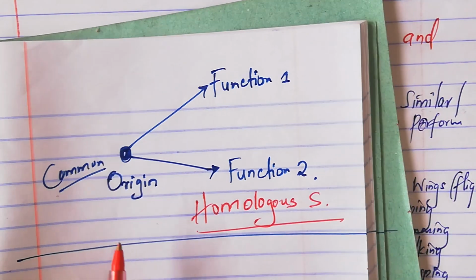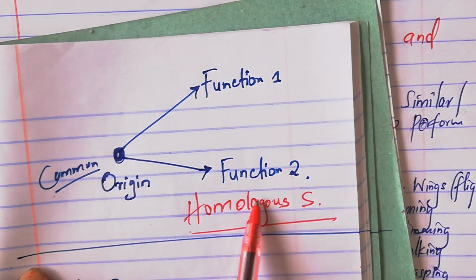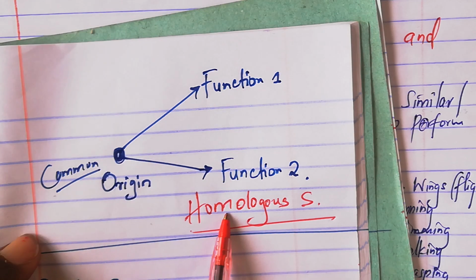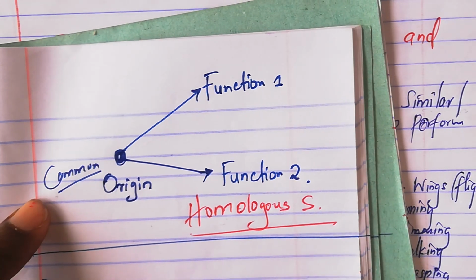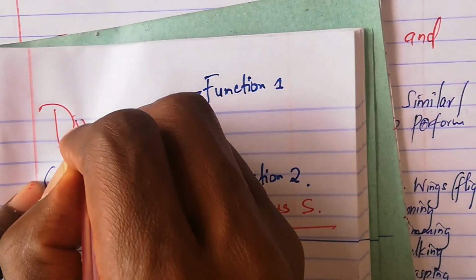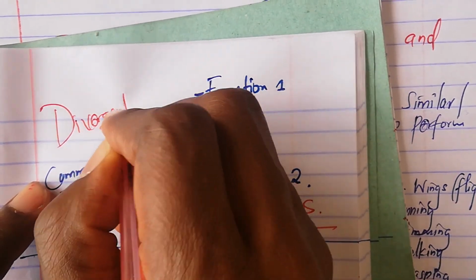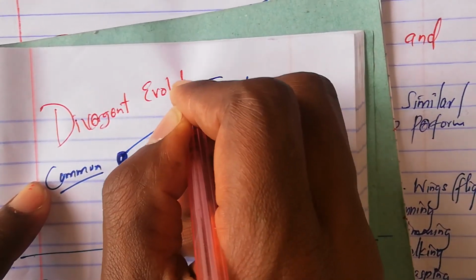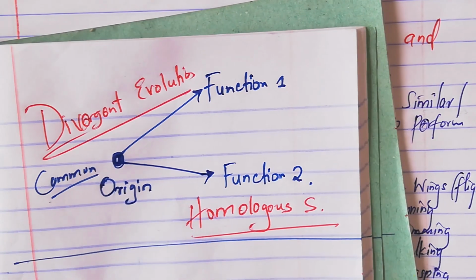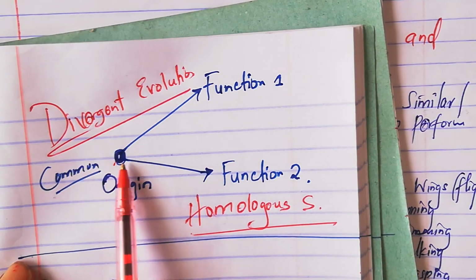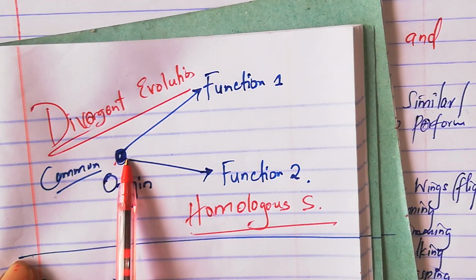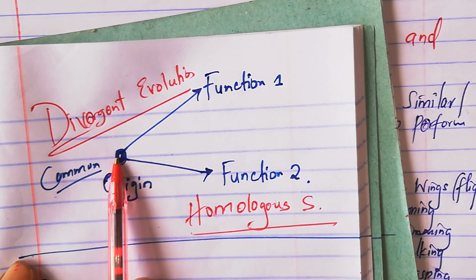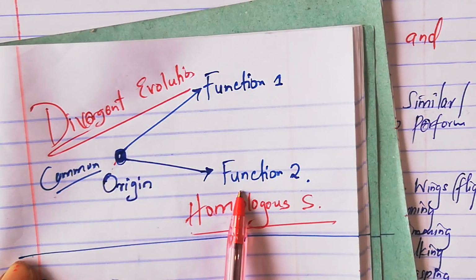In this common one, homologous structures, the type of evolution is called divergent evolution. Divergent evolution. Divergent. Look at my illustration. This diagram shows is like you are coming from school to different homes.